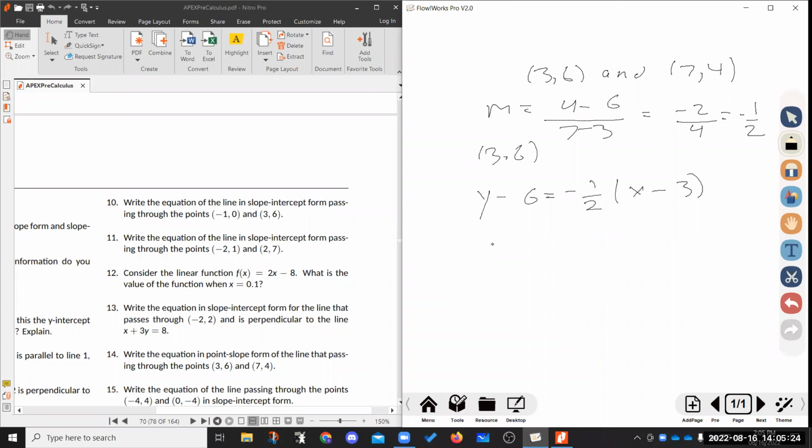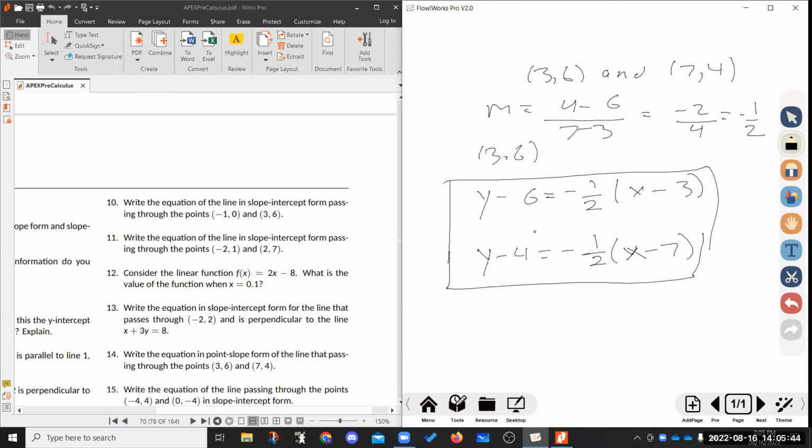I'm done. That's in point slope form. I could have also written it as y minus 4 equals negative 1/2 x minus 7. These are both appropriate answers for point slope form. Doesn't matter which one.